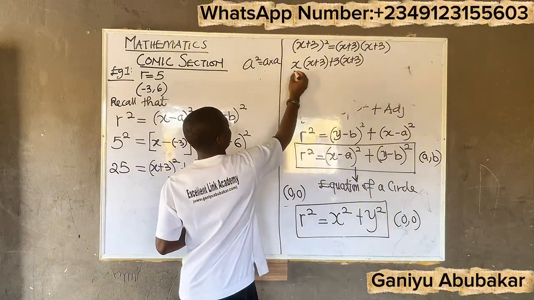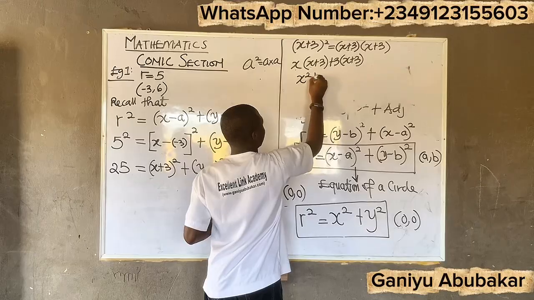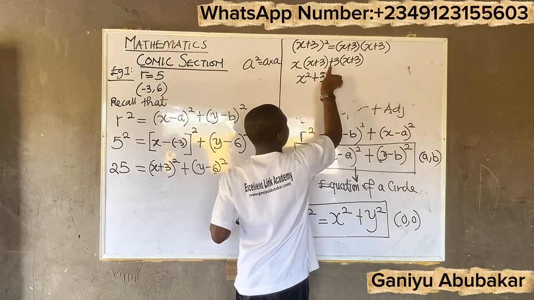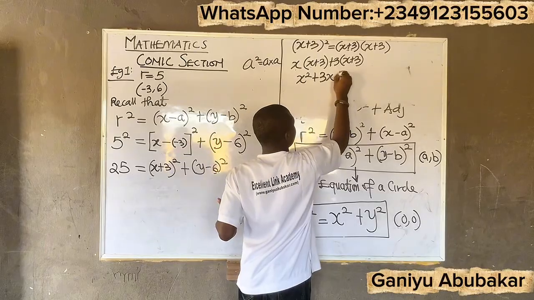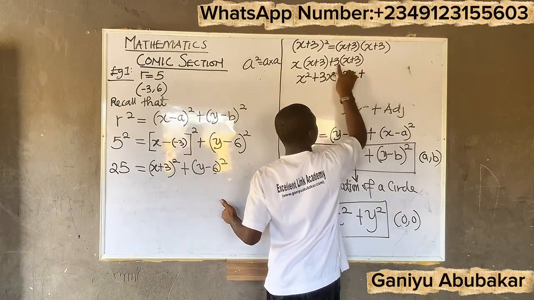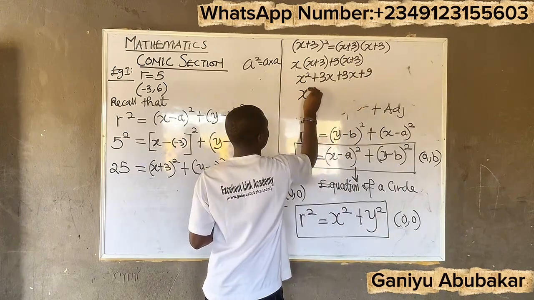So my next task here: x times x gives you x squared. This plus comes down. x times 3 gives you 3x. From here, plus 3 times x gives you plus 3x. Plus is plus. 3 times 3 gives you 9. So I'll have x squared.